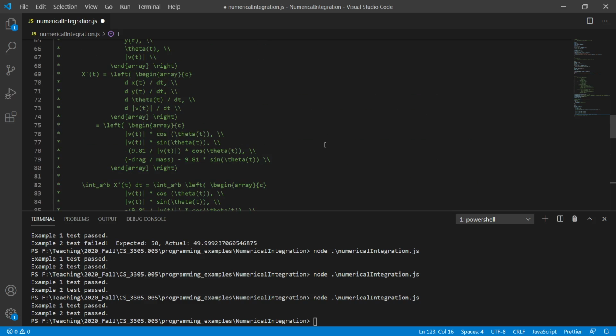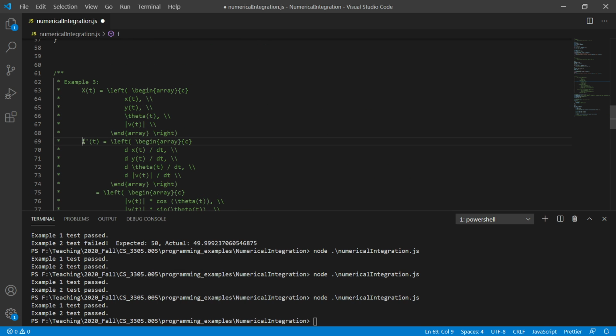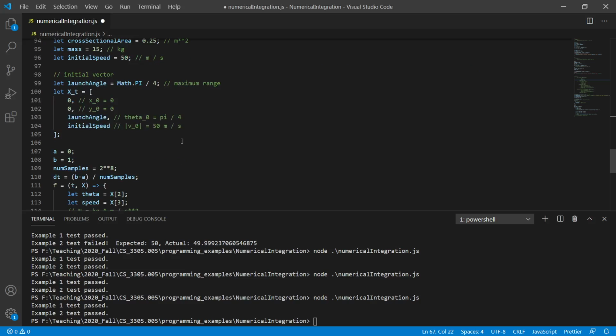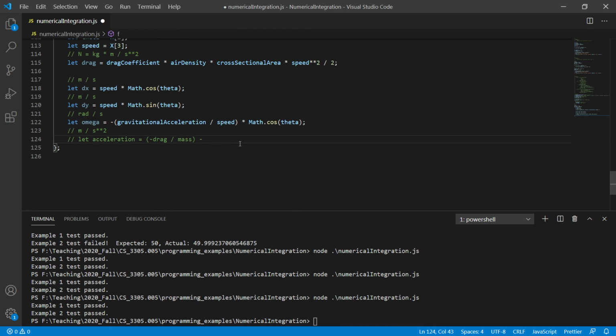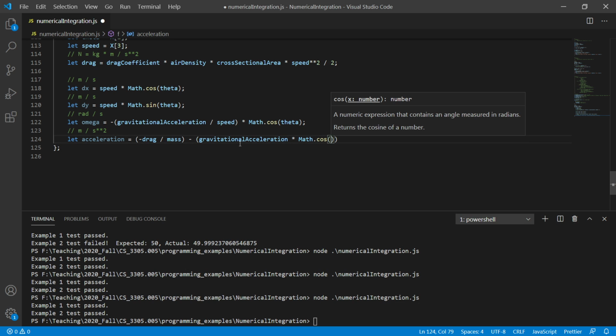And so before, I said that this really is just a component-wise derivative. So if our last one is velocity, then the derivative of that with respect to time is going to be acceleration. So that's what we're computing here. And so our acceleration does not go without bound. Like, there is a terminal velocity, and so the drag takes that into account. So the gravitational acceleration times the cosine of our angle with the horizon.